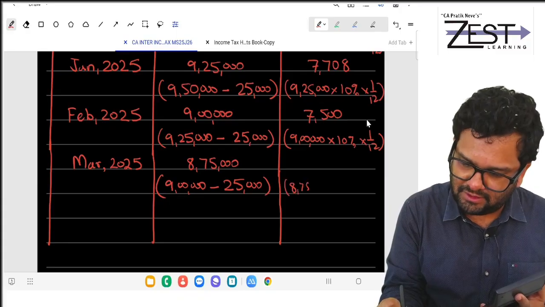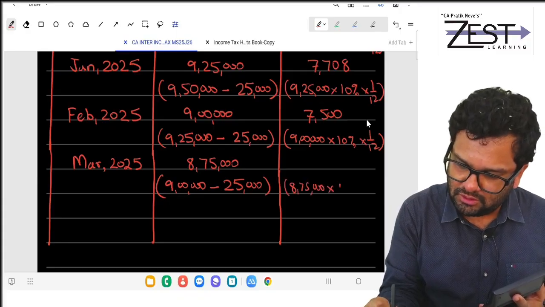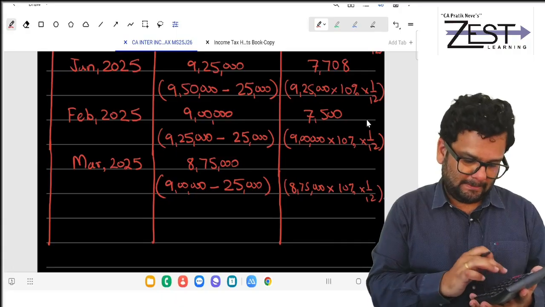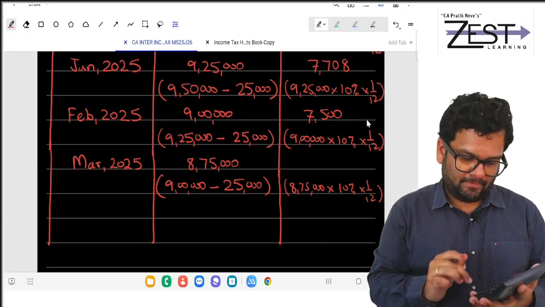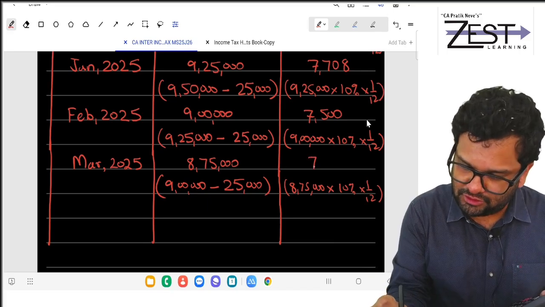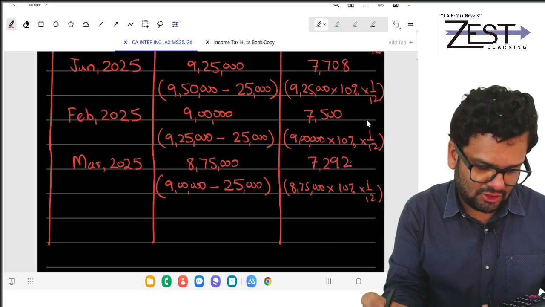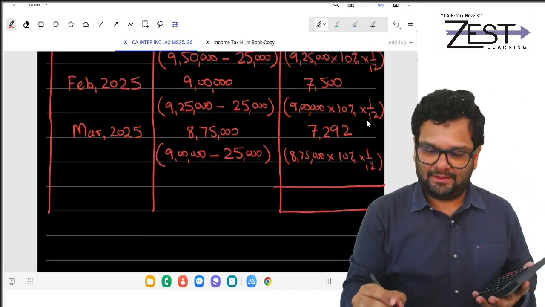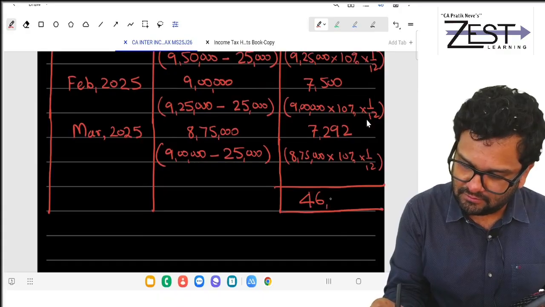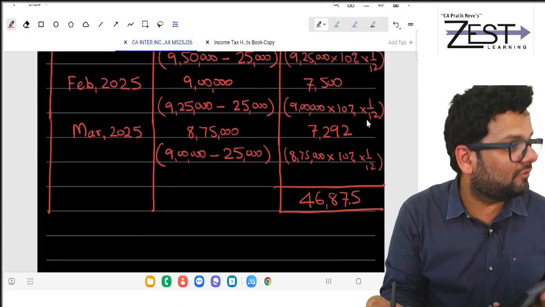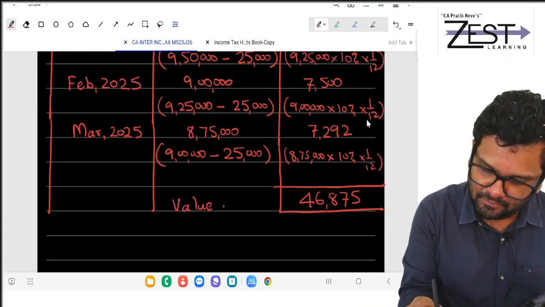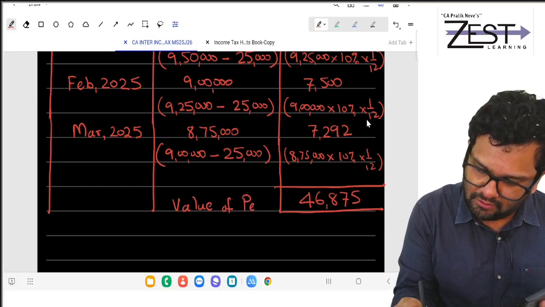So 8 lakh 75,000 into 10% into 1 by 12. 7,292. Can you take the total? This will become your total value of perk.